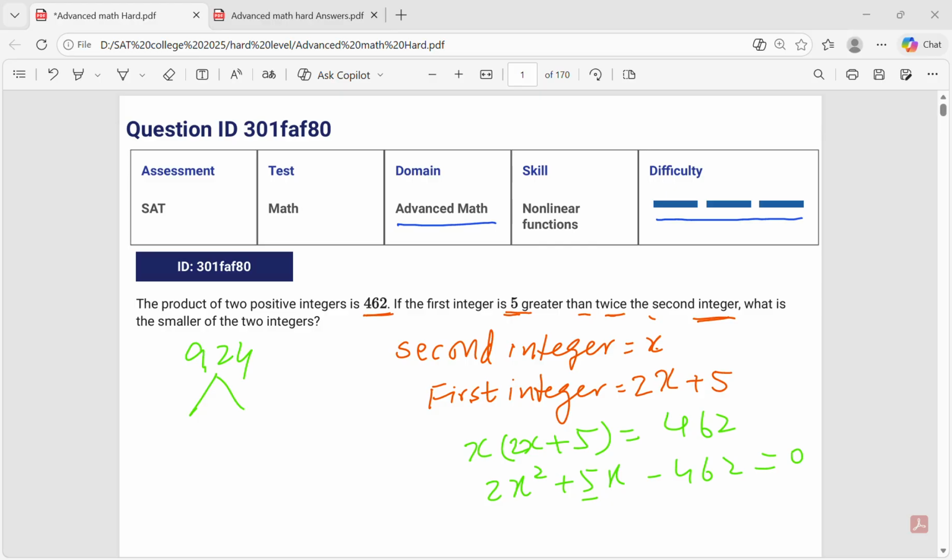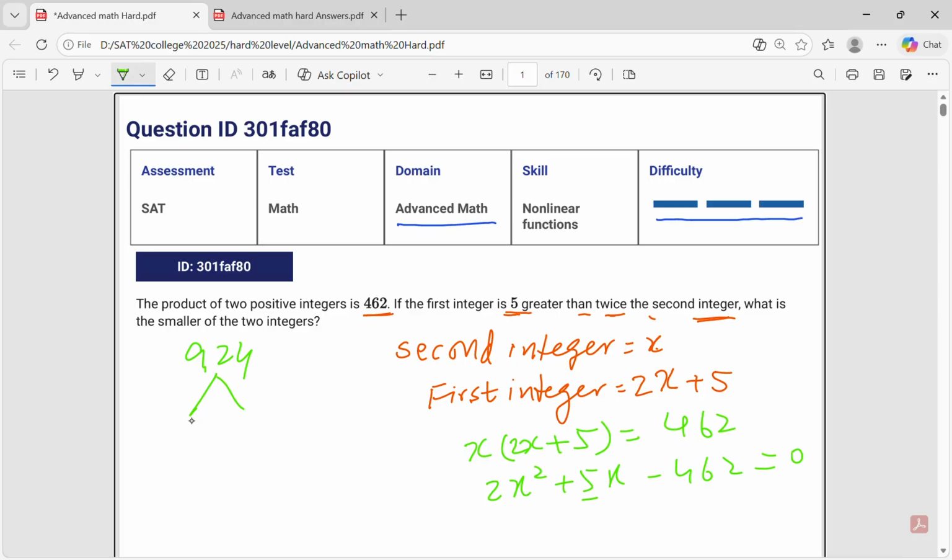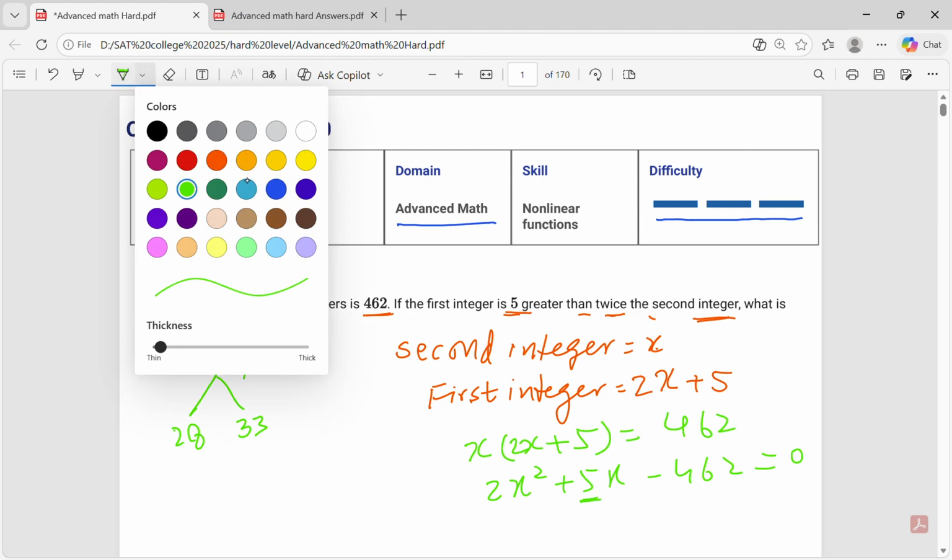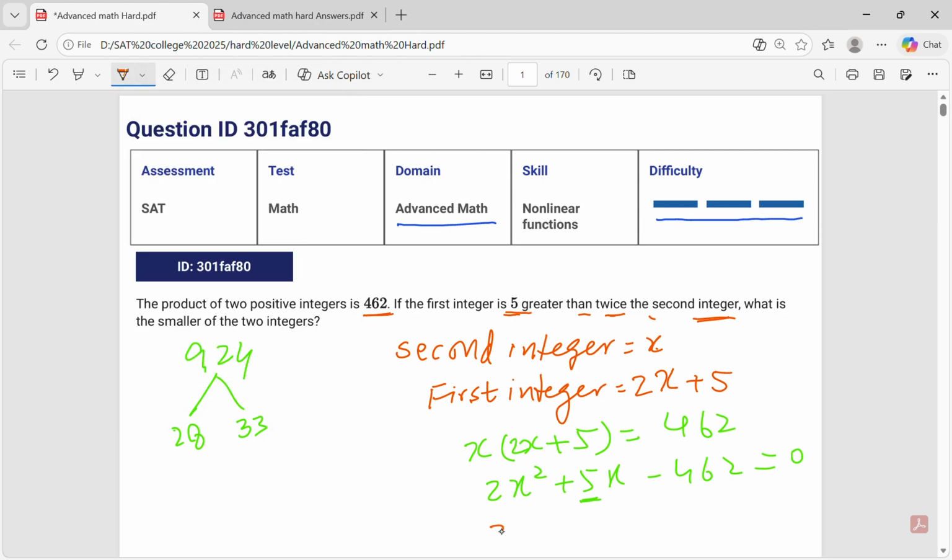The two numbers would be 28 and 33. When you multiply 28 and 33, the product will be 924. And the second condition it has to meet is that its difference must be equal to 5.